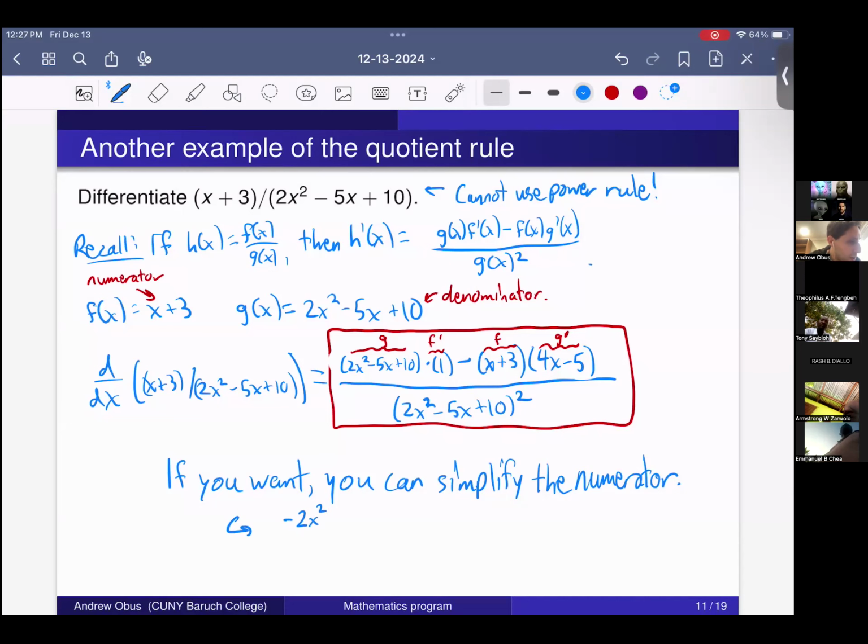You're going to have a minus 5x here, and minus 12x here, and then plus 5x. So it's going to be negative 2x squared plus 22x, plus 25, divided by 2x squared minus 5x plus 10, squared. Nothing's going to get better. This is the most you can simplify.